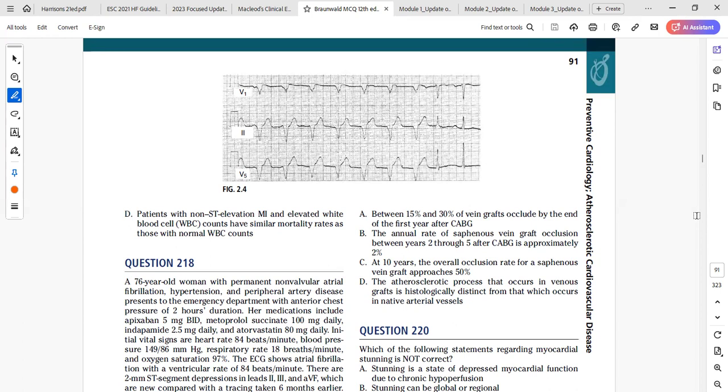And histologically, the atherosclerotic process between the graft and the native vessel is indistinguishable.